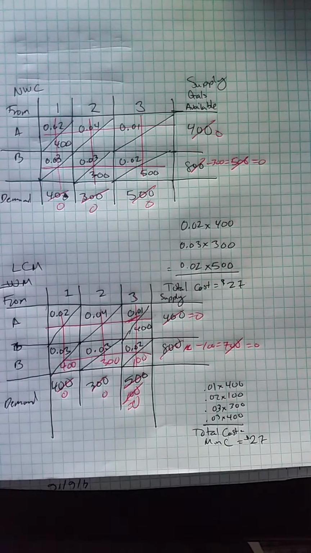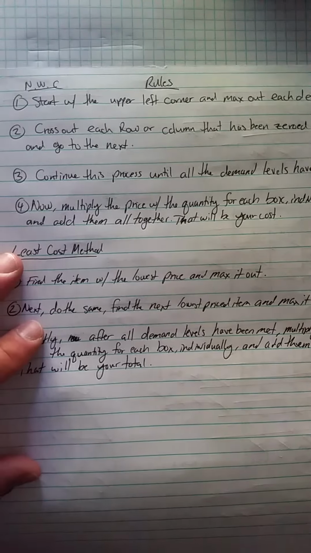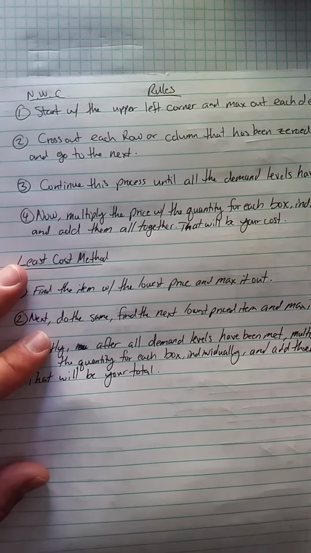And I actually have rules that I use for these methods, and we'll do another example in just a second. So here are my rules that I wrote personally. So for the northwestern corner method, I start with the upper left corner and max each demand area.